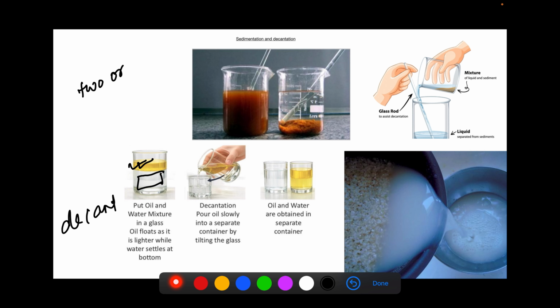Similarly, with two or more immiscible substances, here you can see the solid has deposited at the bottom, and the water remaining can be poured out to a different container using this process of decantation.